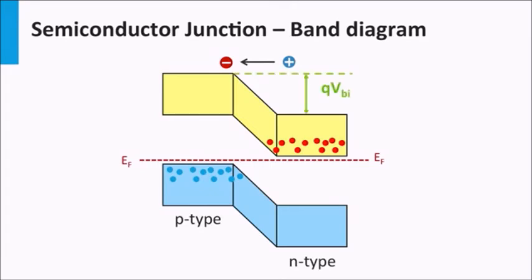The electric field across the depletion zone is equal to q times VBI. q is the charge of the hole or electron. VBI is the built-in voltage over the depletion zone. This slope will make the minority electrons move from the p region to the n region, whereas the minority holes in the n region will go up the slope of the valence band to the p region.